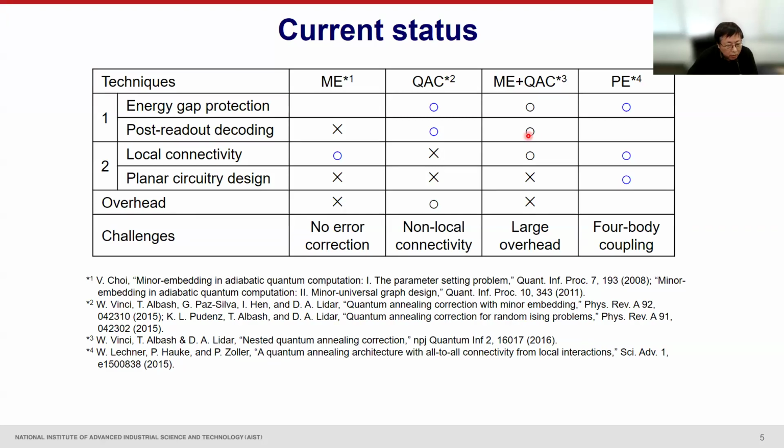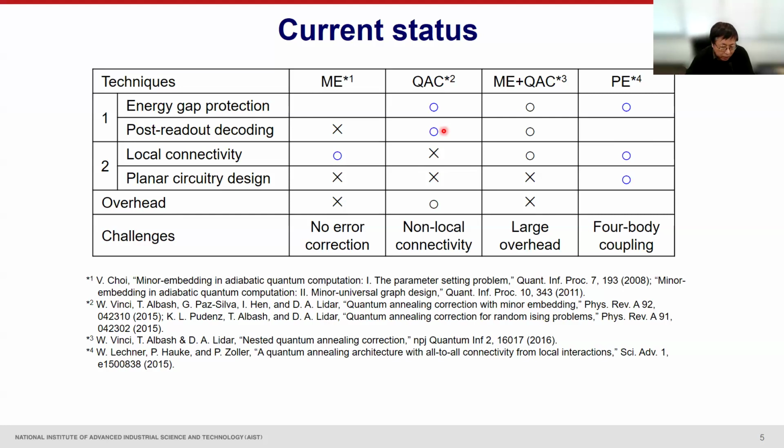By contrast, parity encoding is expected to be the technique that can be used for both error correction and embedding simultaneously. However, the post-readout decoding method has been established for the QAC, that is majority vote decoding.